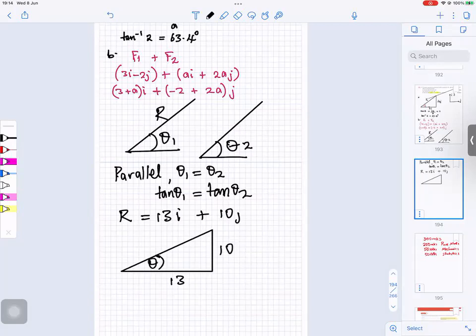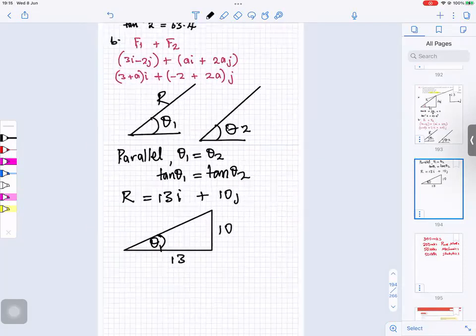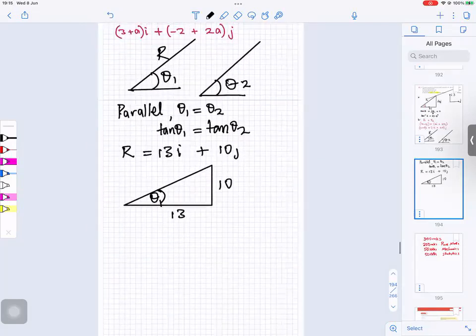How do you find this angle? You're going to do the tan inverse of j over i. Correct. So tan theta is equal to 10 over 13.